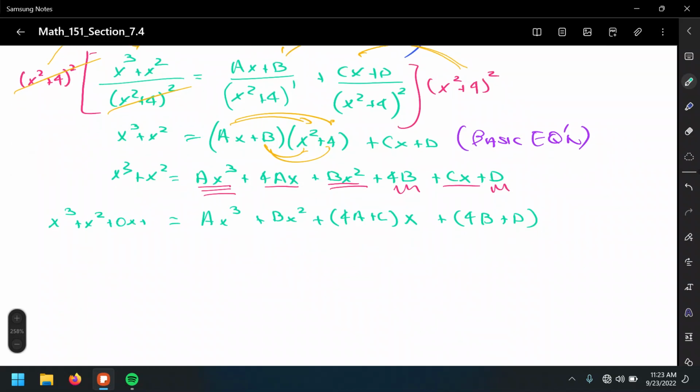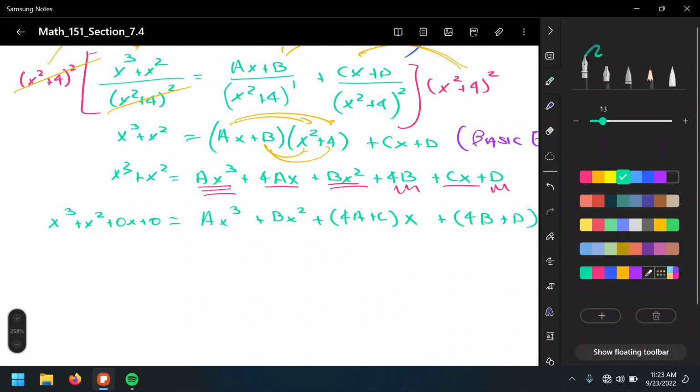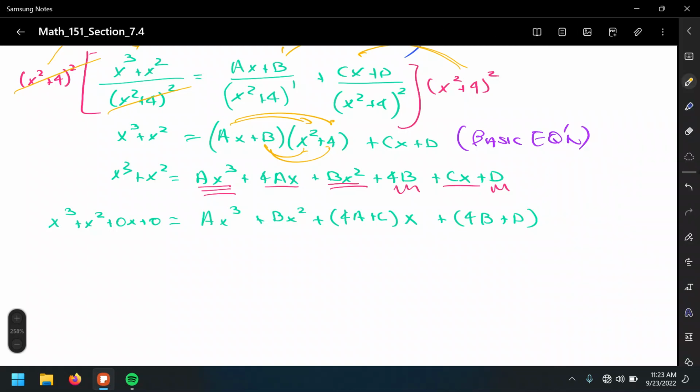Let's summon their spirits by adding these placeholders. Right? Do we agree that 0x plus 0 is just the same? But the reason we want to put those placeholders, oh, that's an invisible one, the coefficient.